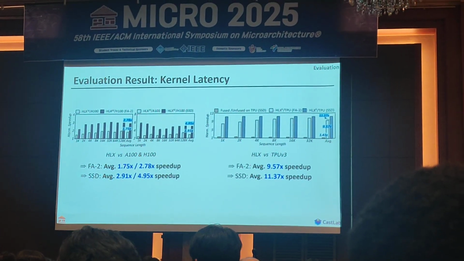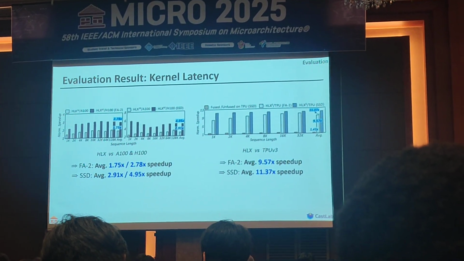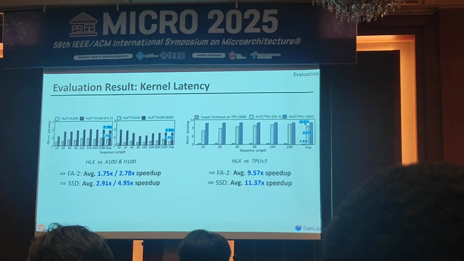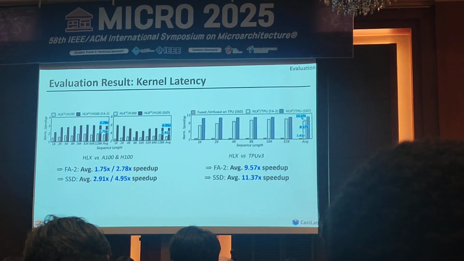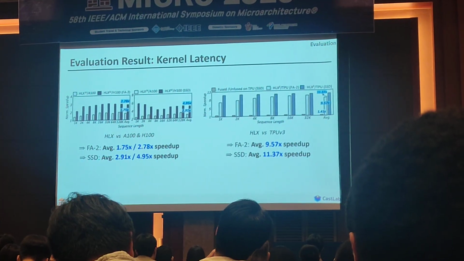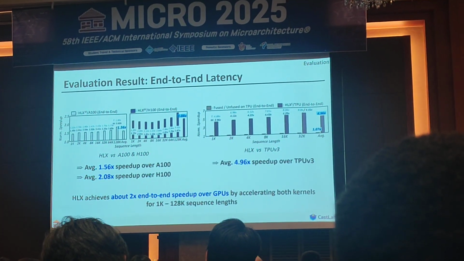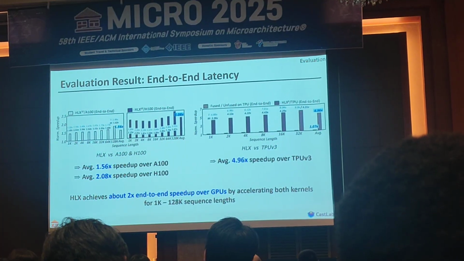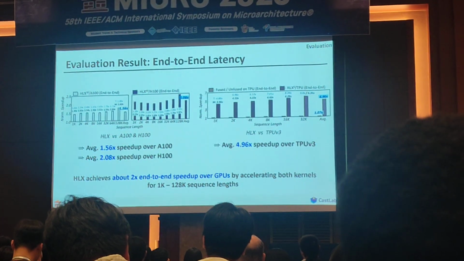And in terms of kernel latency, based on compute utilization improvement, HRX delivers about 2.8 times and 5 times speedup over GPUs. And it also delivers about 10 times, 11 times speedup over TPUs. For end-to-end, HRX achieves about 2.1 times speedup over GPU and 5 times speedup over TPU.